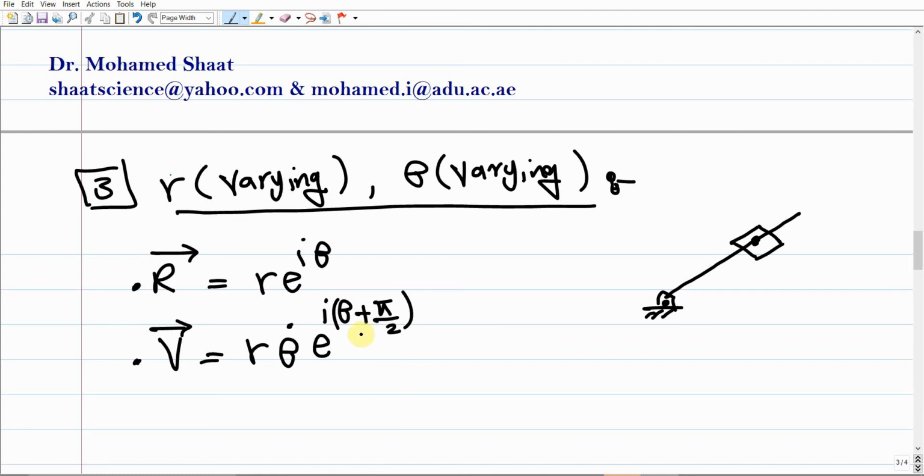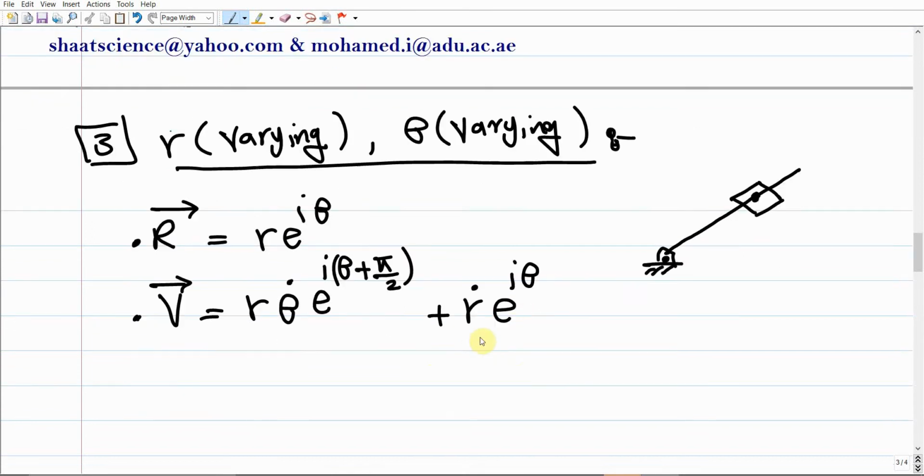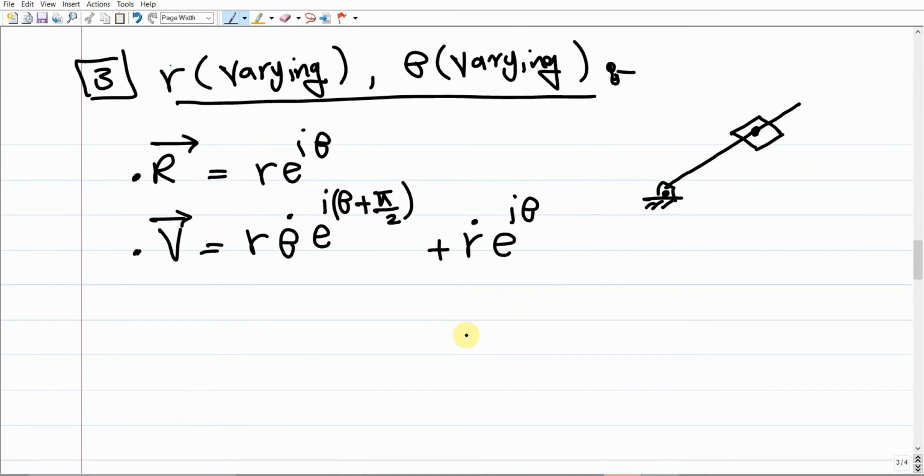Let us fix it so that we always add the plus pi over 2. So we fixed the first term, then differentiated the second term, plus now we differentiate the first term: r becomes r dot, and we carry the e^(i theta) term as it is. Make sense? So the velocity in this case has two components.